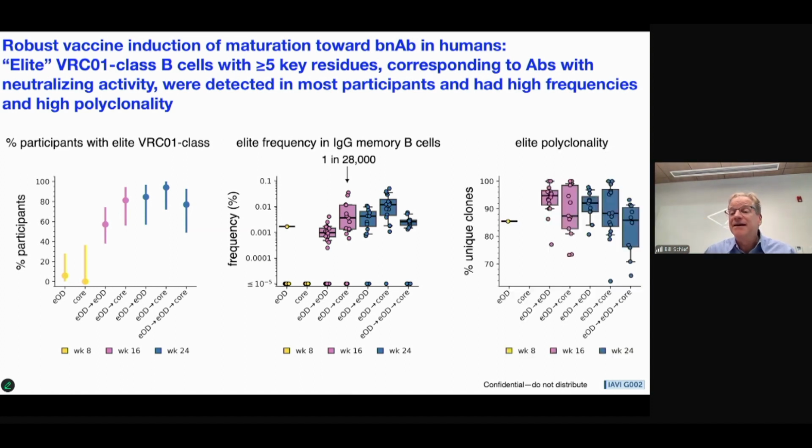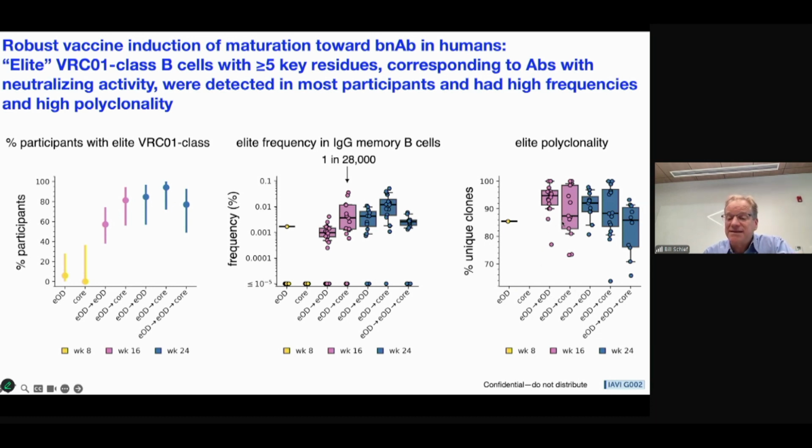And finally, you might be concerned that, yes, we see these elite responses and they can neutralize and they can bind tightly, and yes, they're common, but maybe you've gone through a clonal bottleneck. Maybe you've just got a few clones in each individual that can do that job. And if you're going to try to further mature them, you're going to run into trouble. But that is actually not true also. So we're showing the percent unique clones here. We did hierarchical clustering.